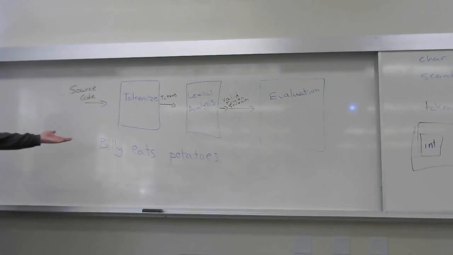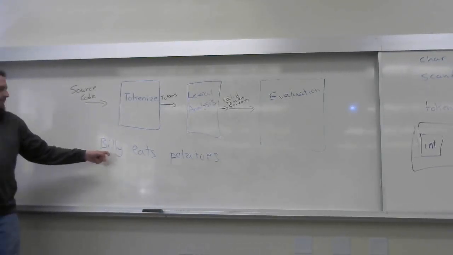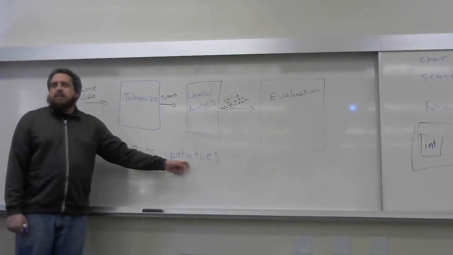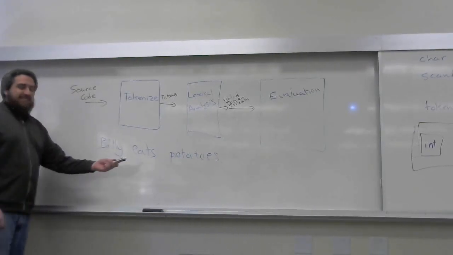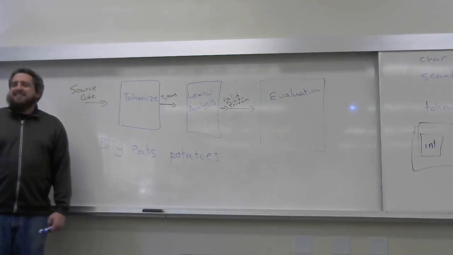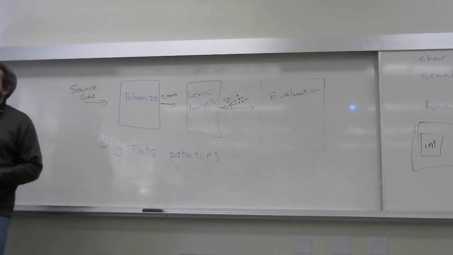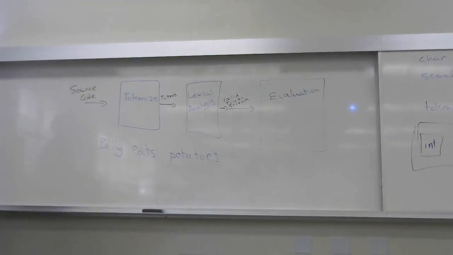How would I get a computer to validate this as English grammar? Nouns and verbs. I would have to be able to say, okay, that's a noun, that's a verb, and that's a noun, right? Why do I not say Billy eats Billy? That'd be noun, verb, noun, right? Is that a valid sentence? Oh, huh? There could be two Billies.